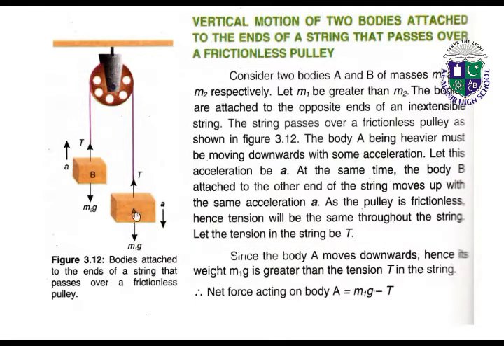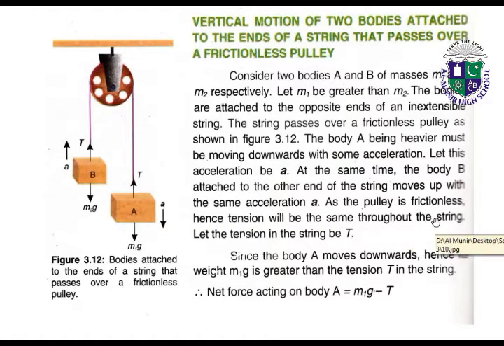downward with some acceleration. Let this acceleration be a. Now we are showing this acceleration with a. At the same time, the body B attached to the other end of the string moves up with the same acceleration a. The acceleration is the same. Body B, because of light weight, is moving upward, and body A, because of more mass, is moving downward with the same acceleration.